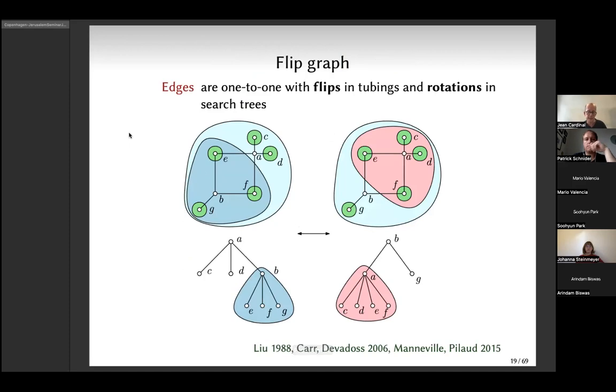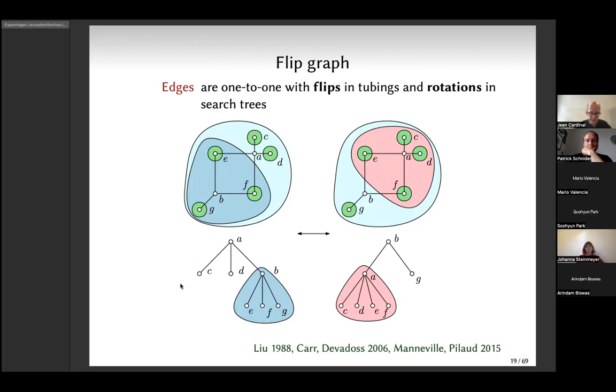And now the nice thing is that we also have a notion of flips or rotation. We can define in an elimination tree a notion of rotation, just as we did for binary trees. And this will correspond, in the tubing corresponding to the elimination tree, to removing one tube, so removing one subset, maybe the blue one there, and replacing it by another. And actually, when you remove one such subset, there's only one way to replace it by something else.